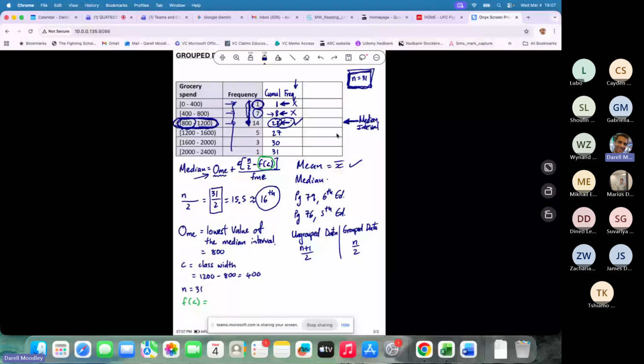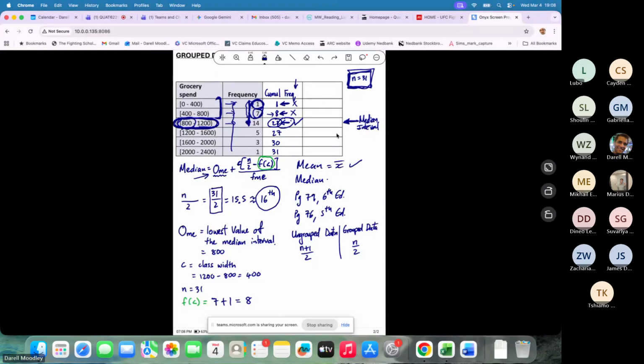See, these are the intervals before the median interval. So there's our median interval. If you look at all the intervals before that, what is the sum of the frequencies? So it's 7 plus 1. That's what that symbol means.